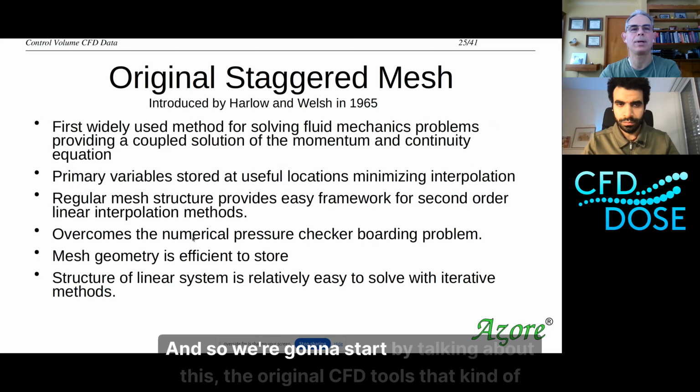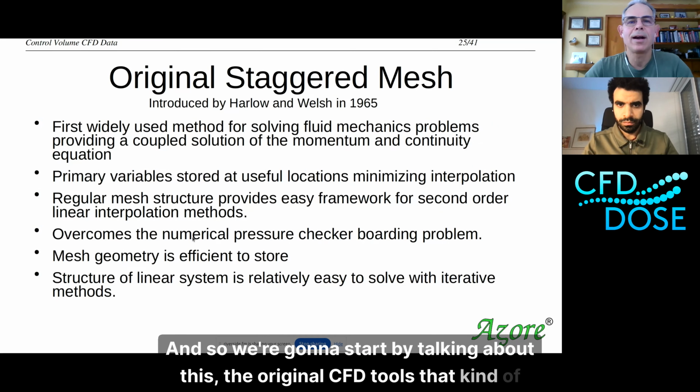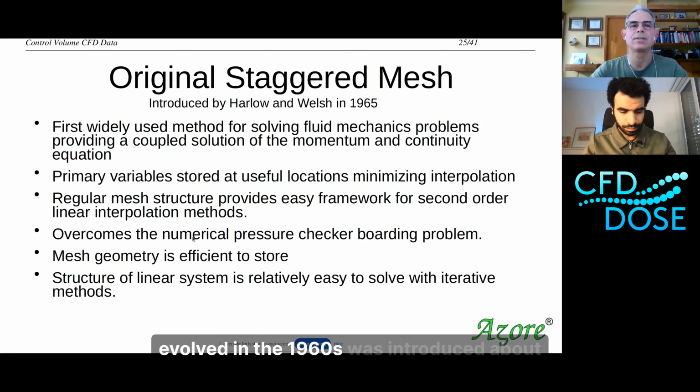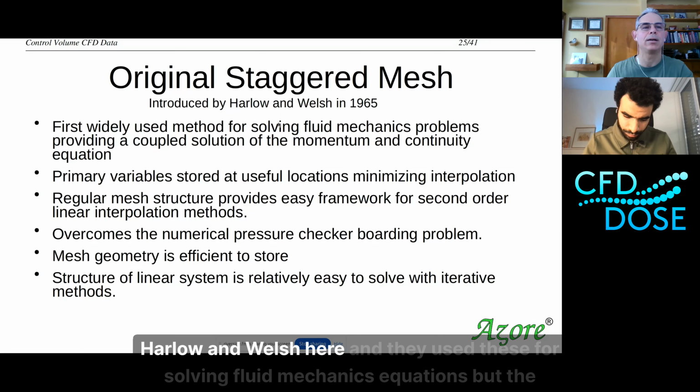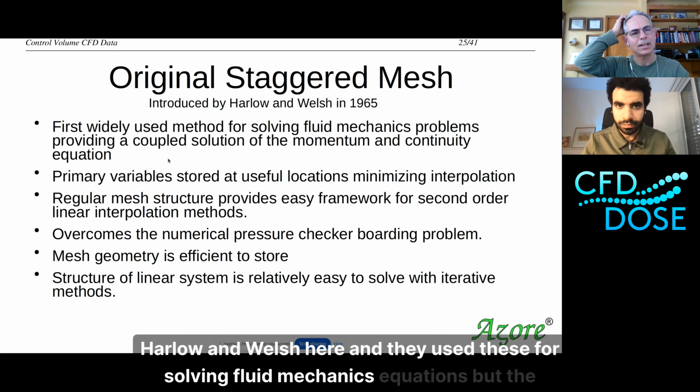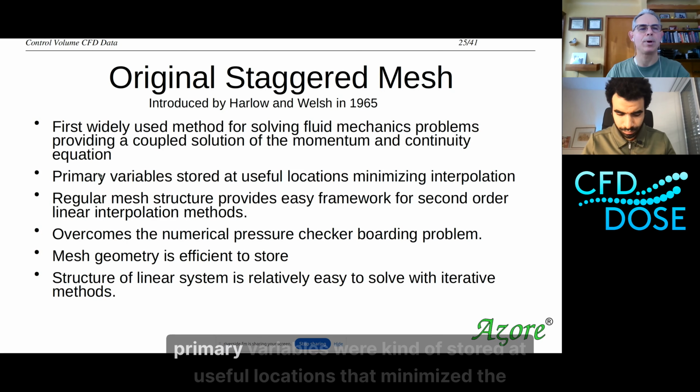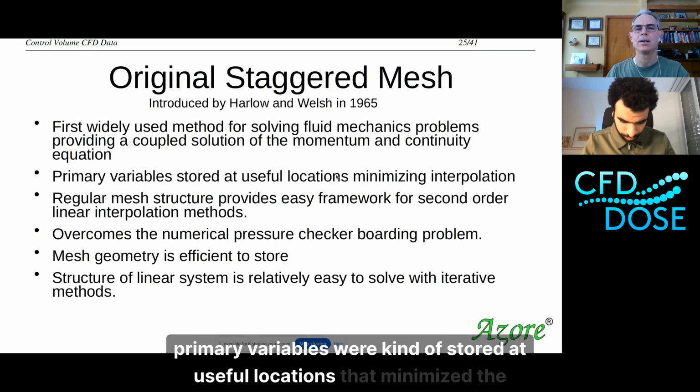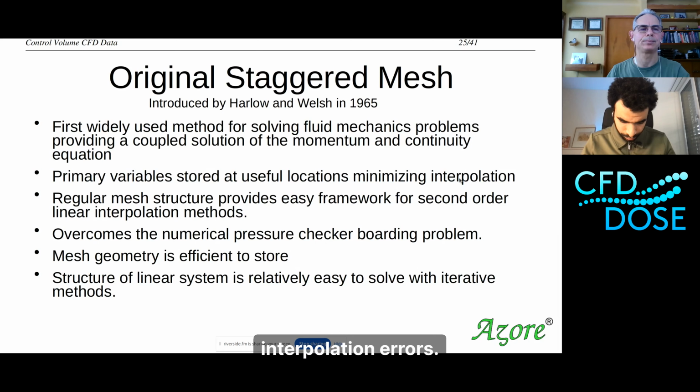We're going to start with the original CFD tools that evolved in the 1960s, introduced by Harlow and Welch. They used these for solving fluid mechanics equations, but the primary variables were stored at useful locations that minimized the interpolation errors.